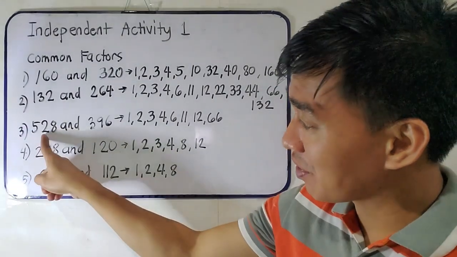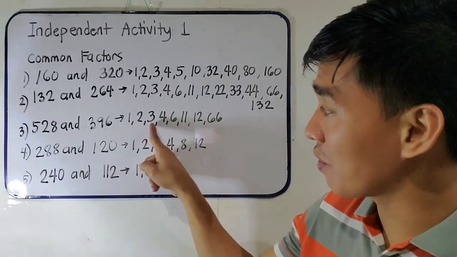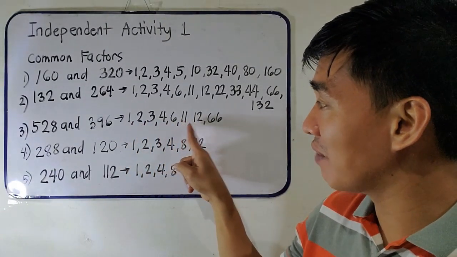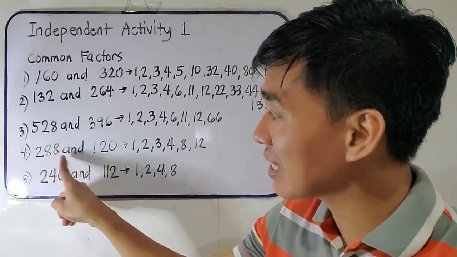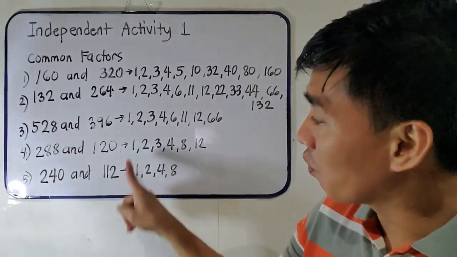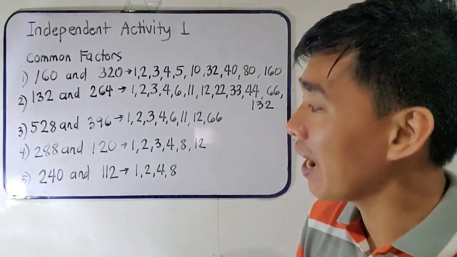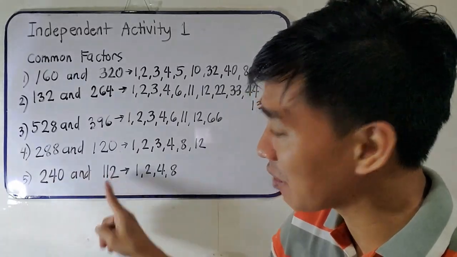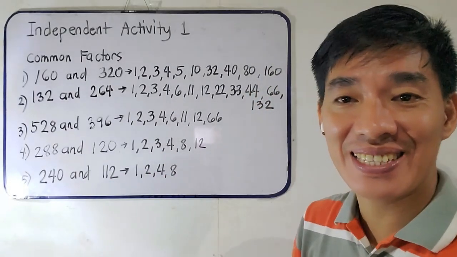And for 528 and 396, 1, 2, 3, 4, 6, 11, 12, and 66. And for 288 and 120, 1, 2, 3, 4, 8, and 12. And finally, for 240 and 112, 1, 2, 4, and 8.